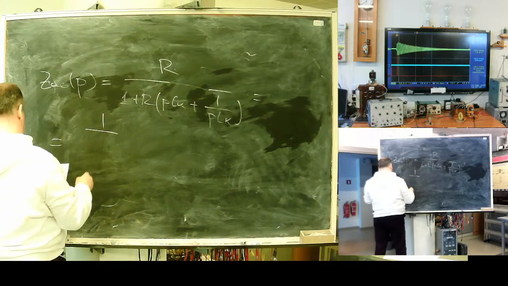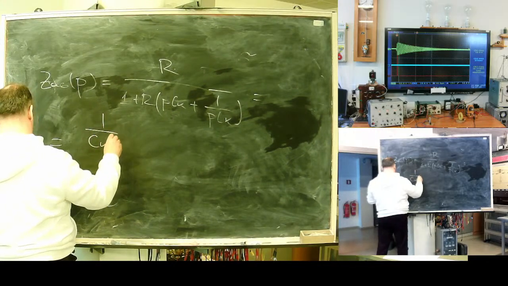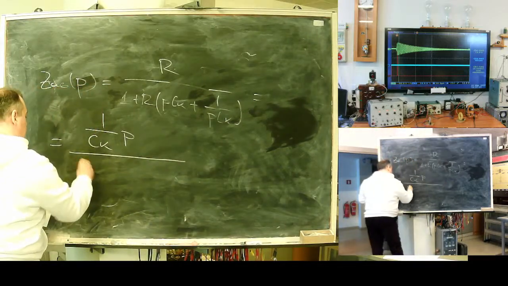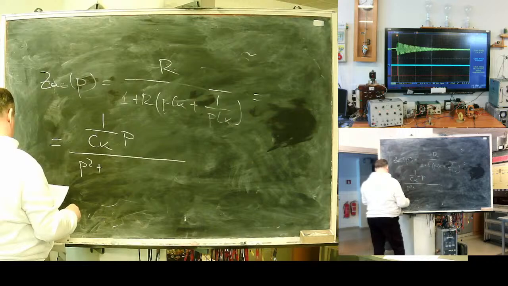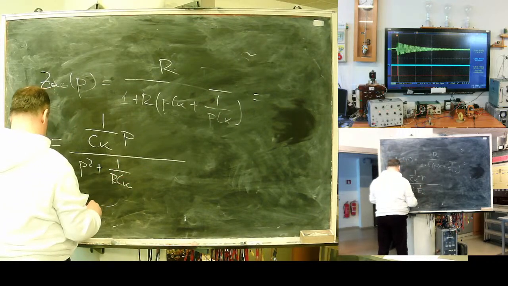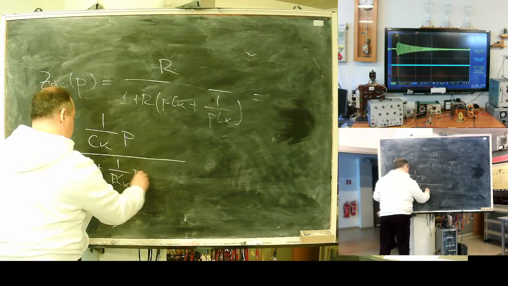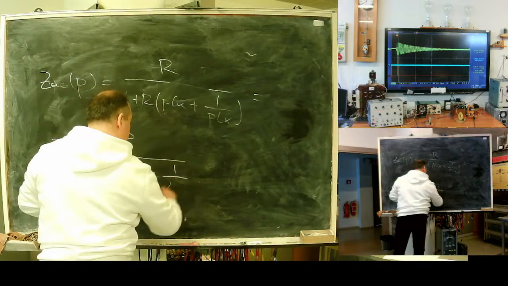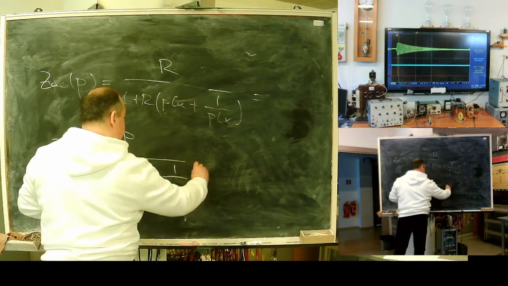1 divided by contour resistance, divided by p square plus 1 divided by RC p plus 1 divided by LC.